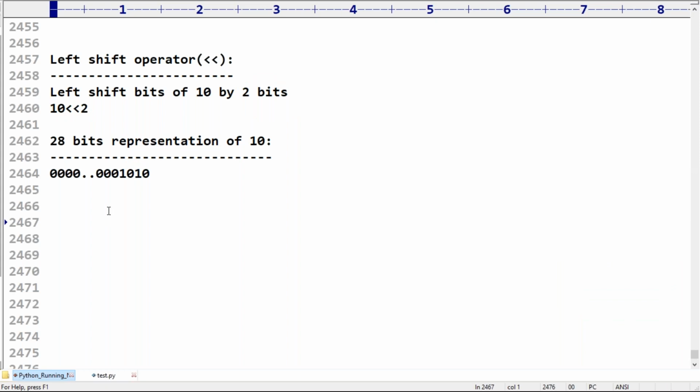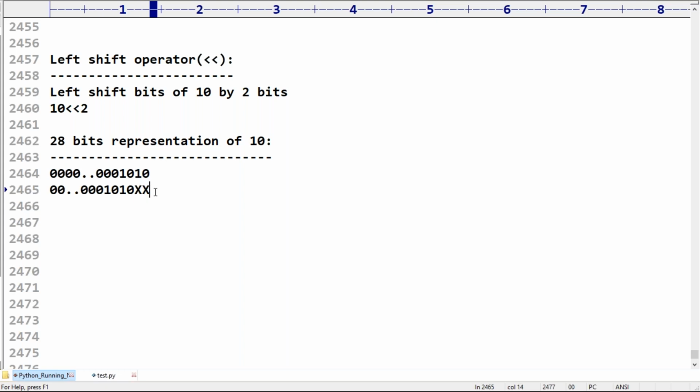If I move two times, what will happen? These two bits will be gone, and at the end, two vacant cells will be formed. Correct, right?